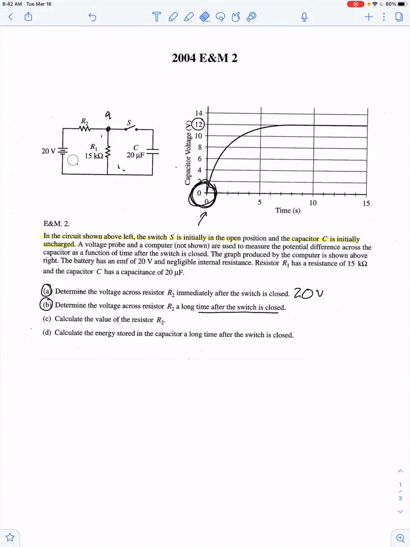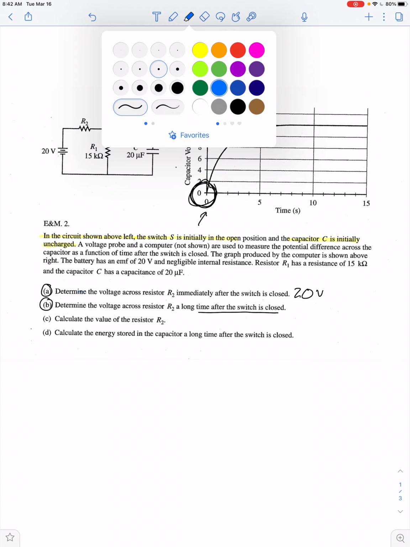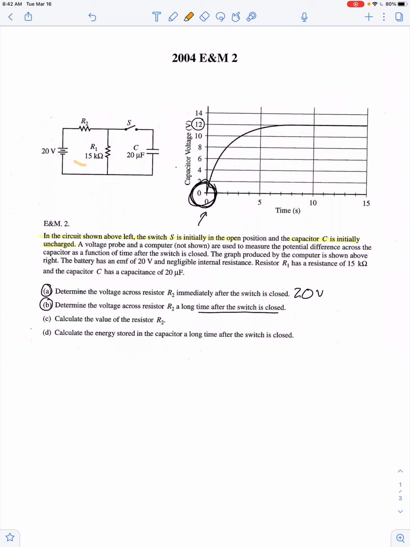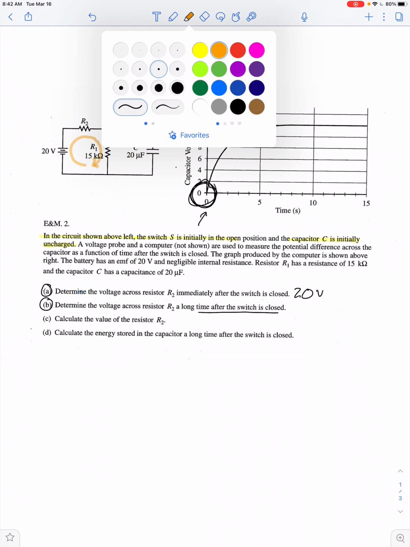And so in the steady state, the circuit behaves such that this loop on the left, the current that flows through the battery and through R2 and through R1 is just one single current, and there's 0 current flowing on this branch of the circuit here.